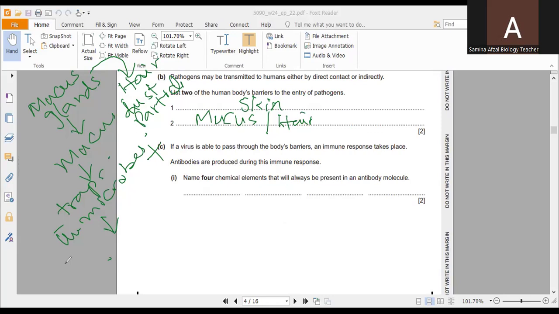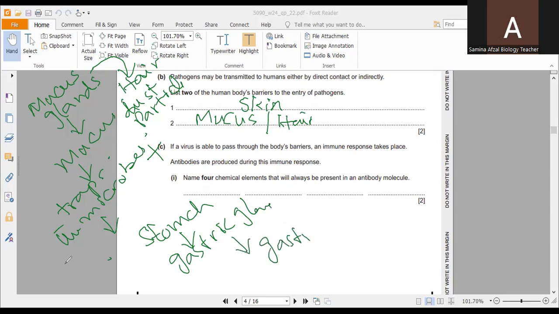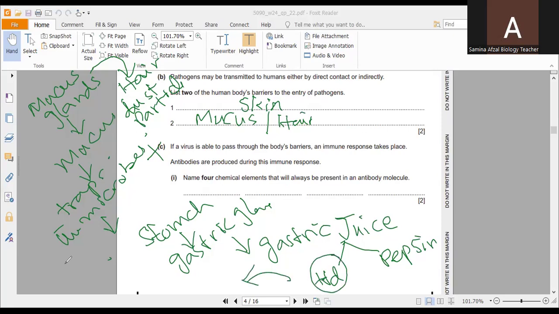And there is one more thing in the body, that is the stomach. It has gastric glands, and these gastric glands secrete the gastric juice. And the gastric juice has HCl and the enzyme pepsin. This HCl is highly acidic, it has pH 2.